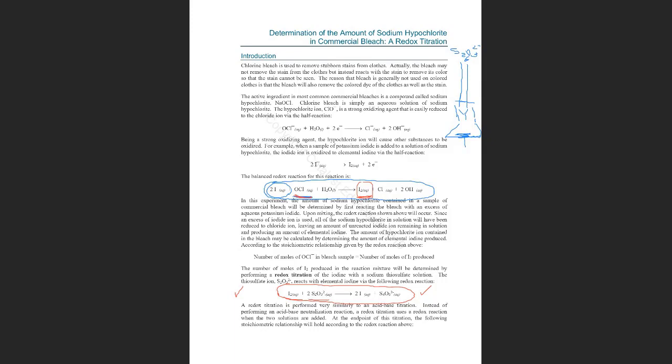What is the other reaction? We said we are doing two redox reactions. The other redox reaction we are performing in this experiment is the standardization of sodium thiosulfate. What is standardization?